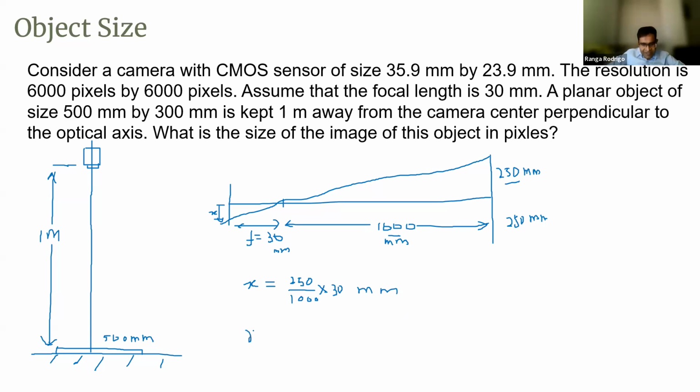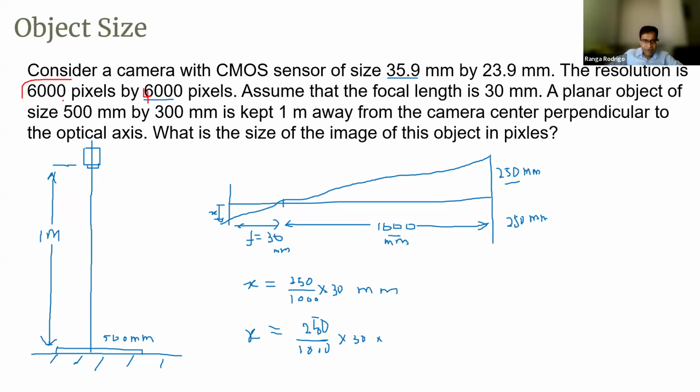Now x in pixels. To get x in pixels, I have to take this quantity, 250 divided by 1000 times 30. Now I have to see how many pixels per millimeter, right? So you can use this number and this number together. This one is 4,000, this is the 4,000.